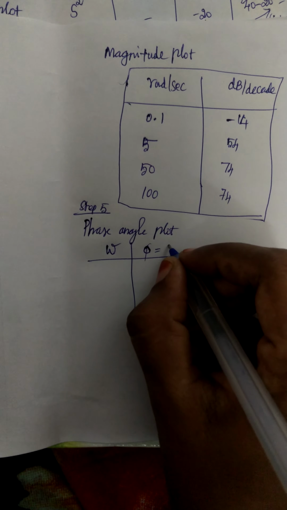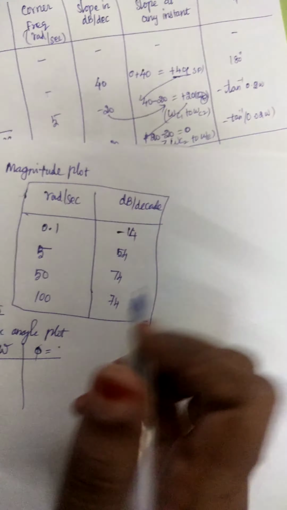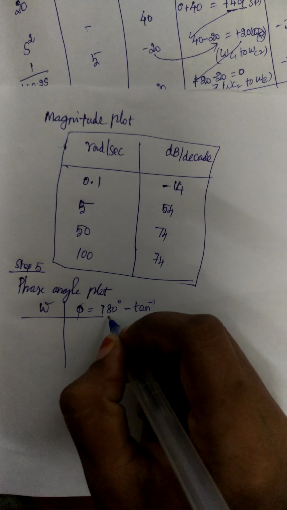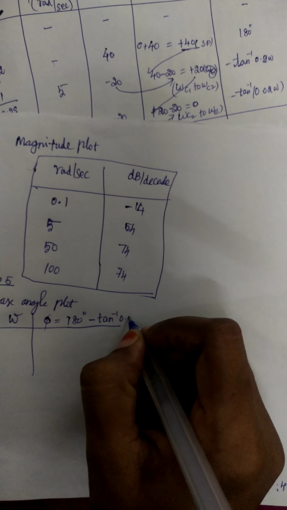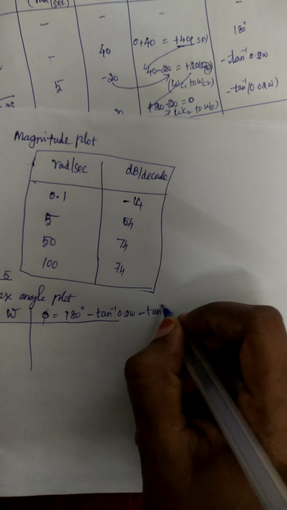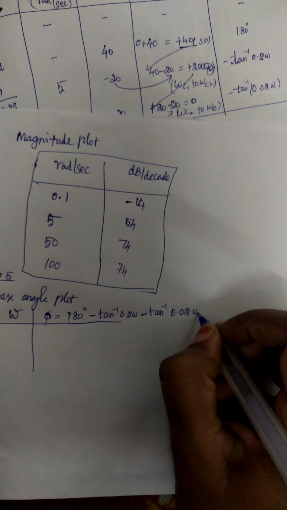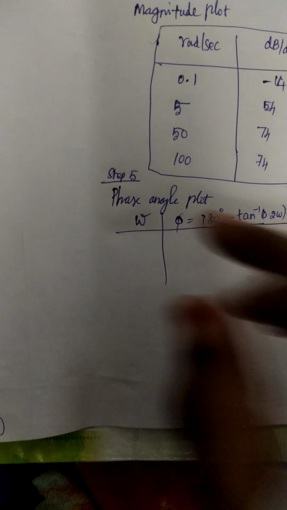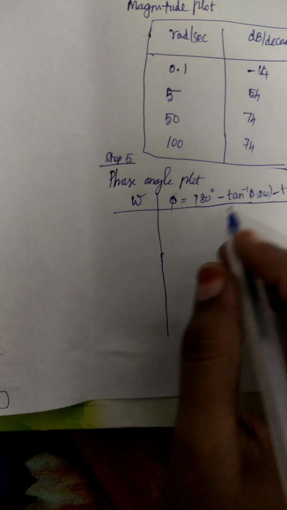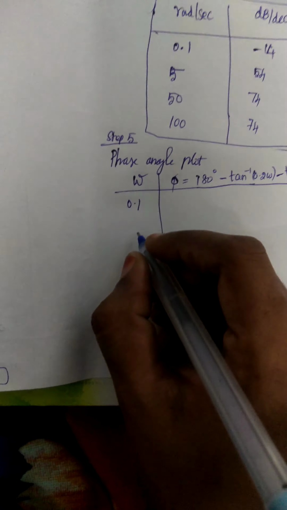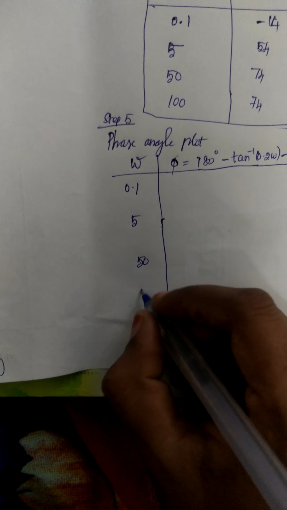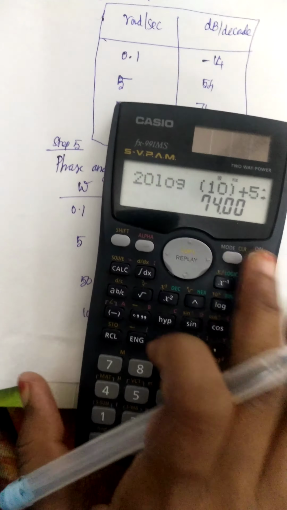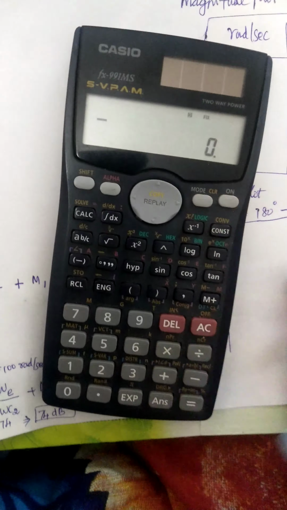Here your phase angle is equal to 180 degrees minus tan inverse of 0.2 omega minus tan inverse of 0.02 omega. Here your omega value is going to increase, like 0.1, 5, 50 as well as 100. Let me discuss how we substitute in this phase angle plot. I am going to use the calculation.